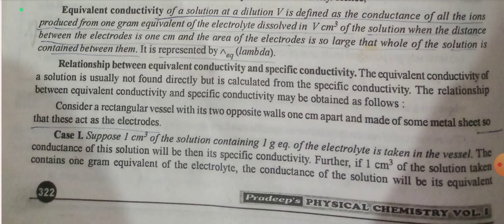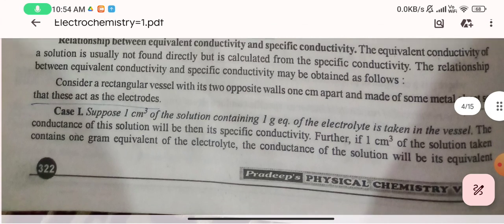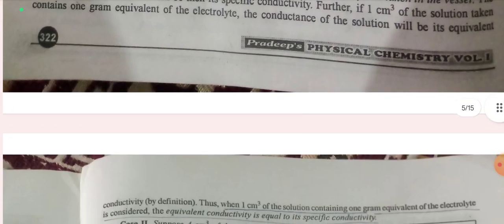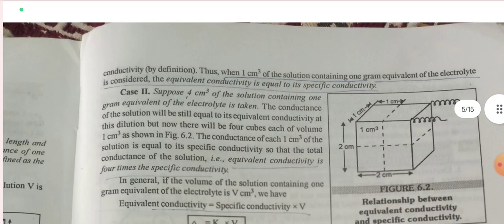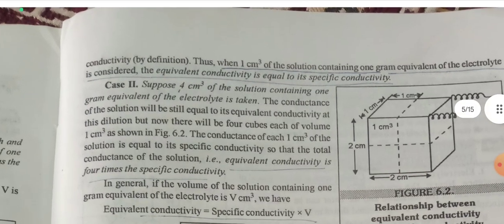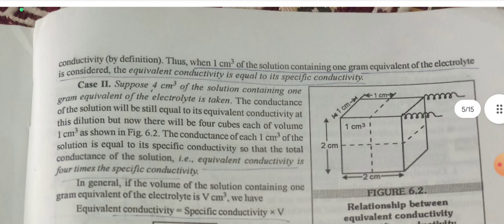Further, since the 1 centimeter cube of solution taken contains 1 gram equivalent of electrolyte, the conductance of the solution will be its equivalent conductivity. Thus, when 1 centimeter cube of the solution containing 1 gram equivalent of electrolyte is considered, the equivalent conductivity is equal to its specific conductivity.